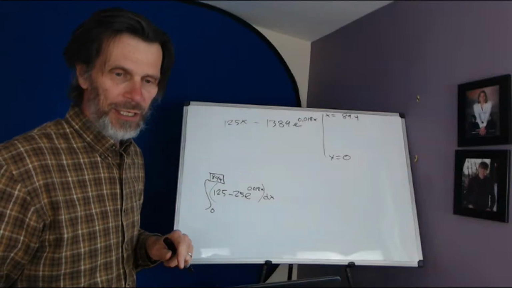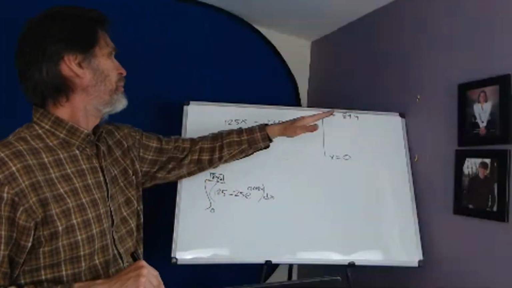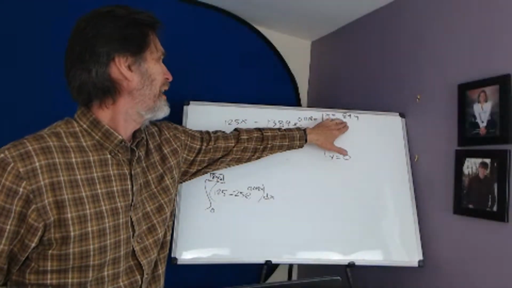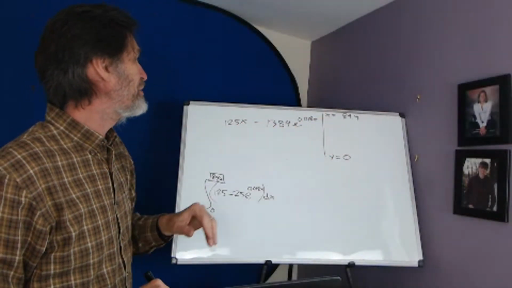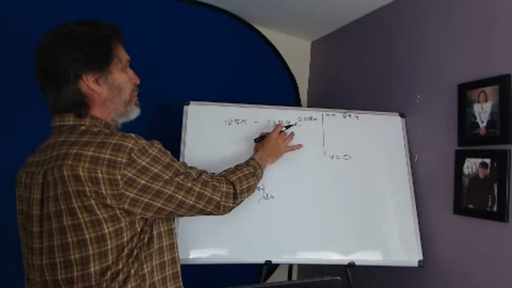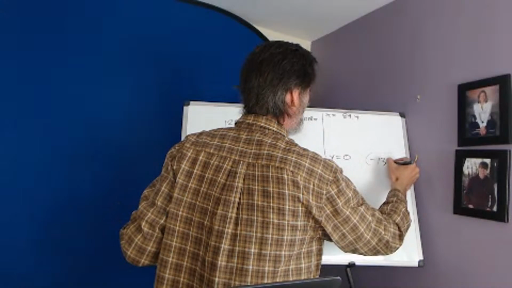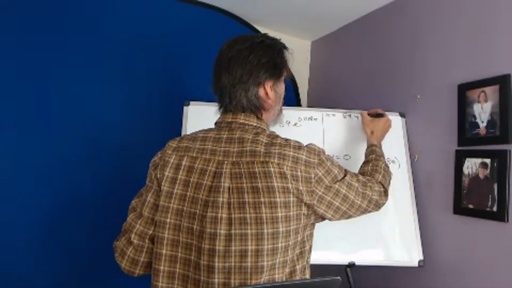Yep, 1389 it is. Okay, good. So someone plug in the 89.4. I'll plug in the 0 because I can and it's easy. If I plug in the 0, I get 0 minus 1389. So this is negative 1389.